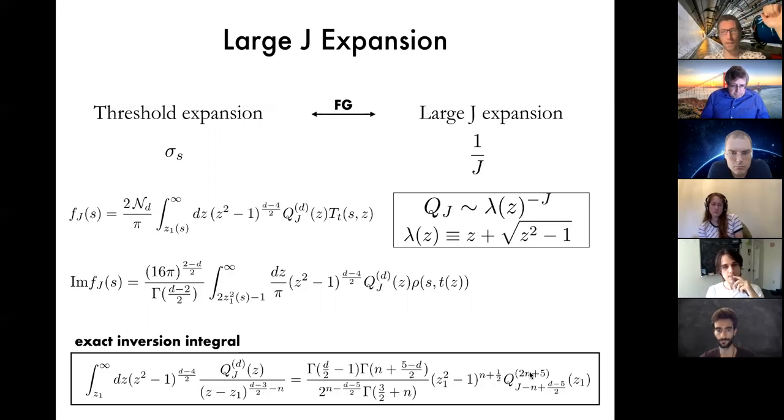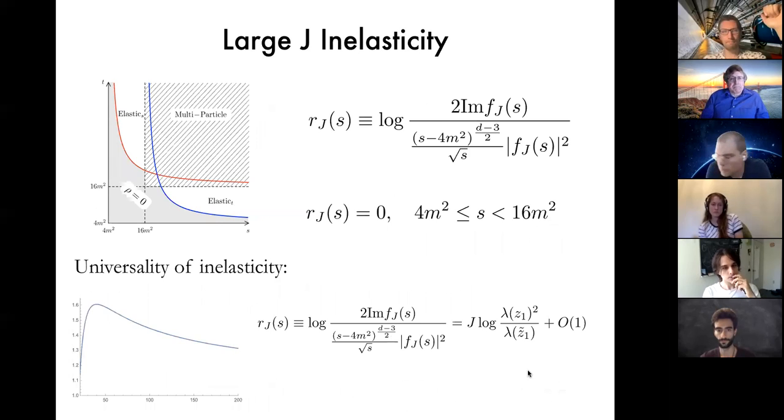Now, let's look at this picture again. I think it's the most important picture in my talk. Let's think of scattering in the s channel, so s is above 4. First we start from elastic unitarity here, and we solved rho close to this red curve. Do you see my pointer? Yes.